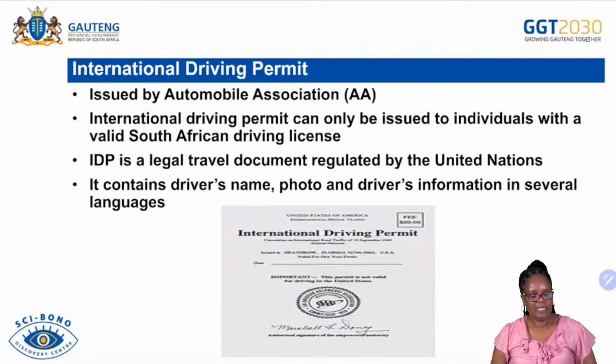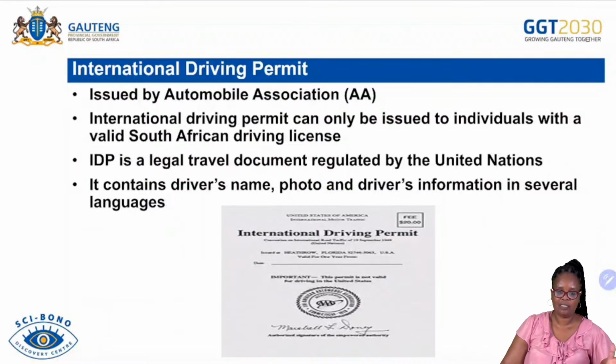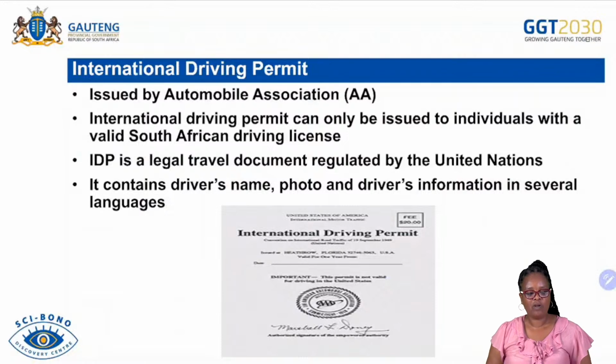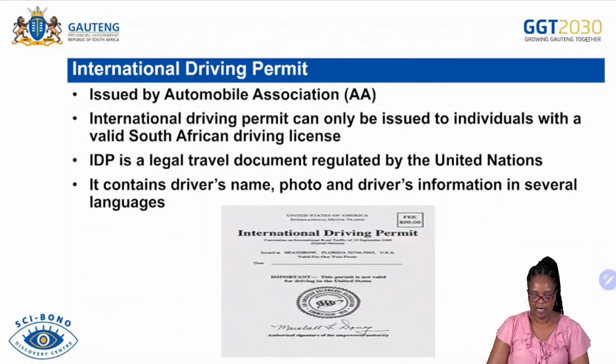The IDP contains your name as a driver. It will have your photo so that they can see that the person on the photo is the same as the driver. And it will have your driver's information in several languages, more than 150 languages.